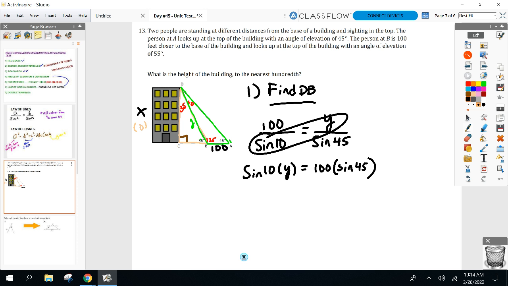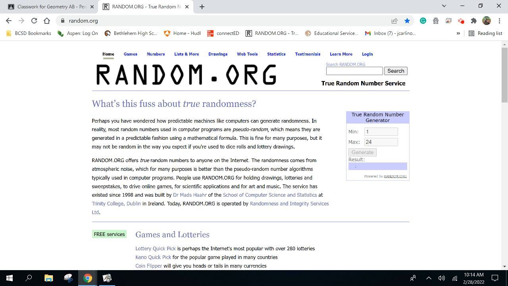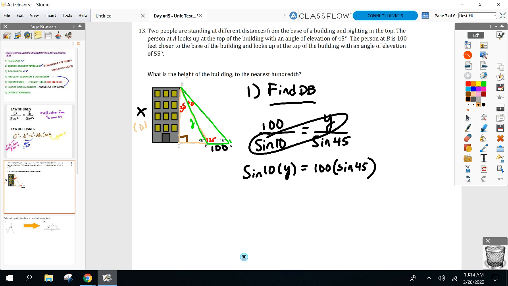And quick question for one more person. How are you going to get the y by itself? What do you got to do on both sides to get y by itself? Divide. By sine. Good job. What are you not going to do to this answer? Because this won't be my final answer. We're not rounding this.